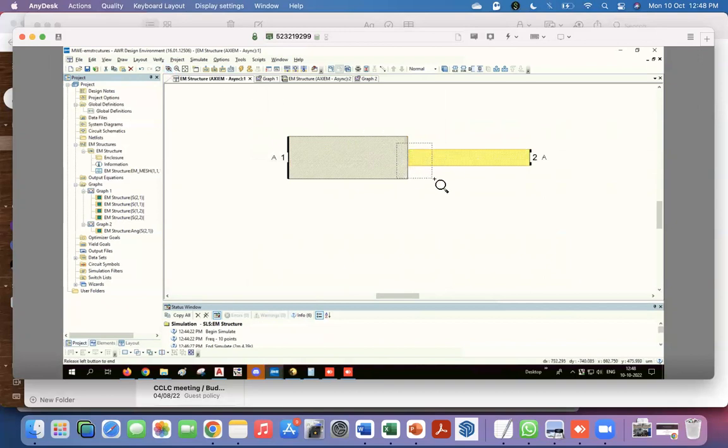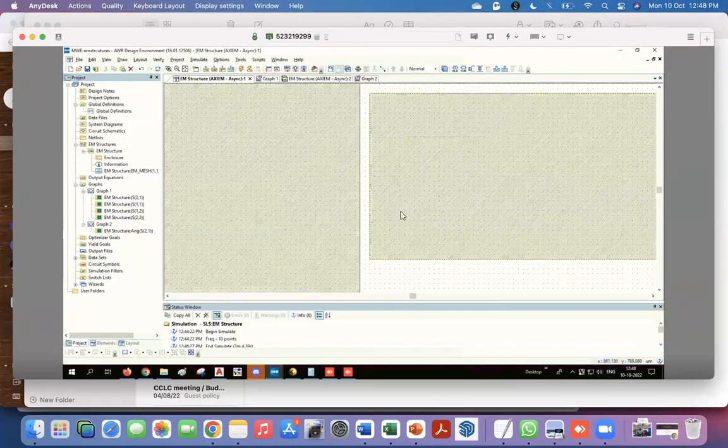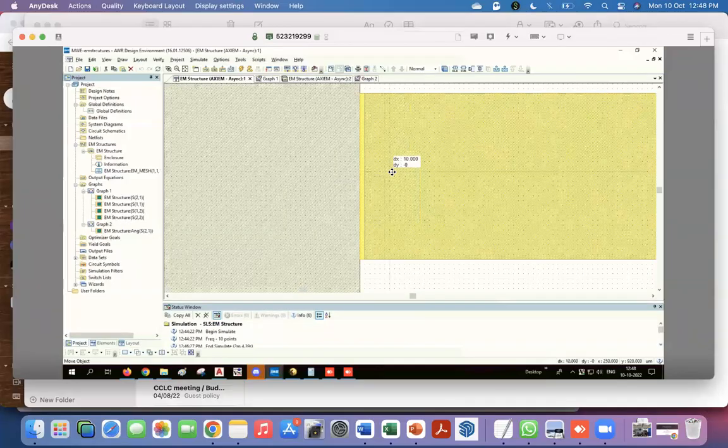One other feature about these EM structures layout is that if 2 pieces of metallic structures are, like here, 2 separate things, I just have to bring them right next to each other like this. This means that they are in contact. This means they are not in contact.